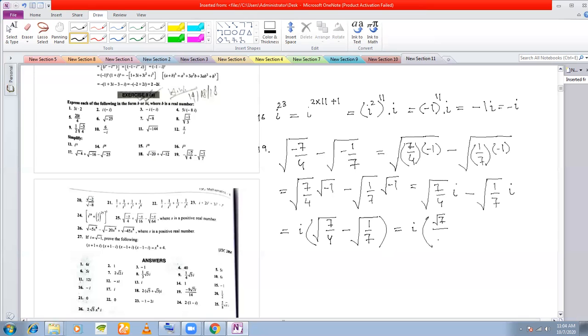You can write this as root 7 by root 4 minus 1 by root 7. This is just simplifying. I root 7 by 2 minus 1 by root 7. Now you can take the LCM to root 7. So you get 7 minus 2. So you get 5I by 2 root 7. Okay. So that is how you simplify this expression.